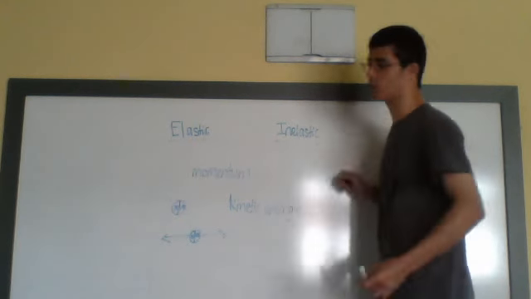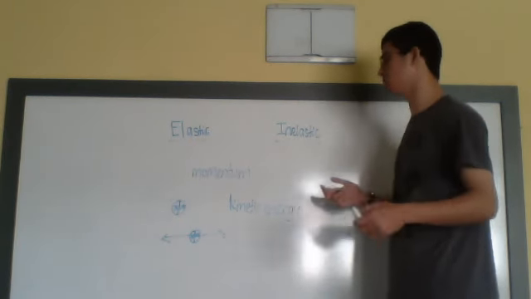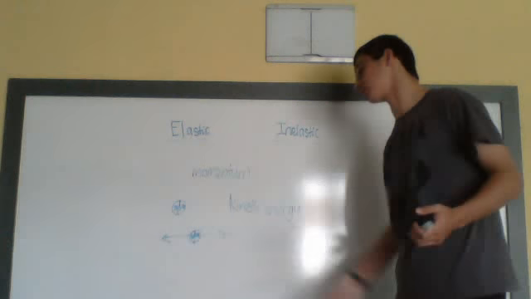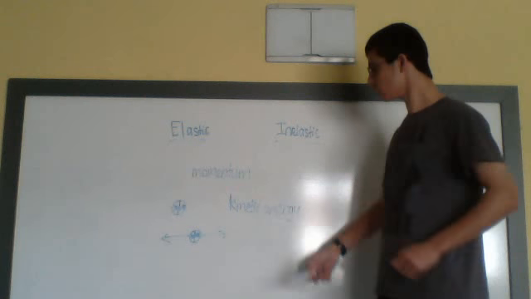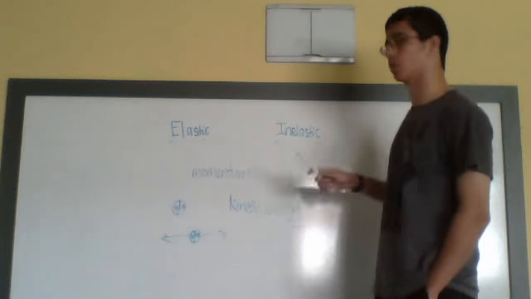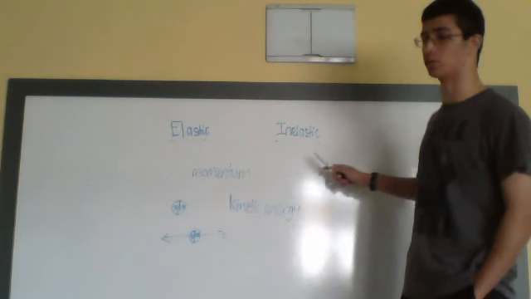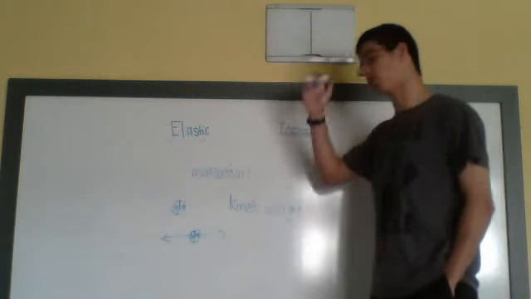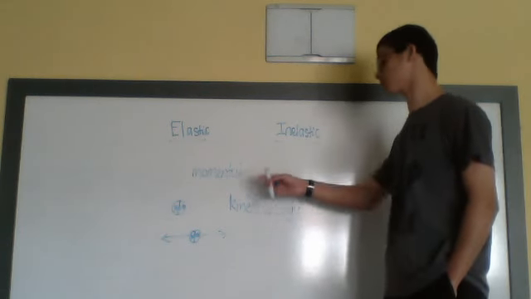So this kinetic energy can't come from nowhere, it's got to be converted from something, in this case elastic potential energy. So whenever answering a question like this, take that into account. That's only regarding inelastic collisions. If it's an elastic collision, don't worry about it, because both are just conserved.